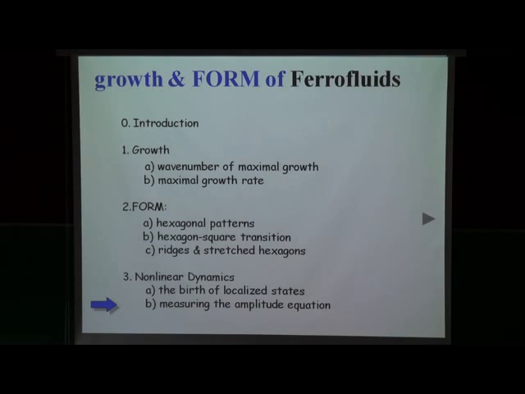Now, once you are able to measure the birth and development of a localized state, you're getting more eager, and you say, well, why shouldn't we be able to measure the whole pattern during its evolution? And as I've shown you with this thin liquid, this is not possible because of technical reasons.